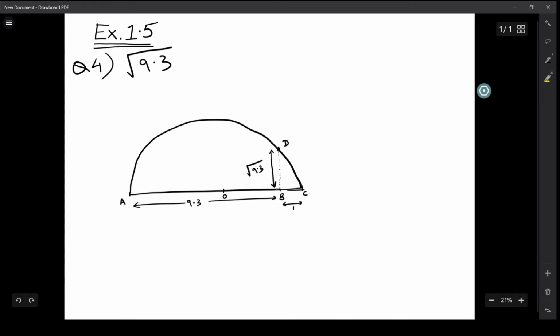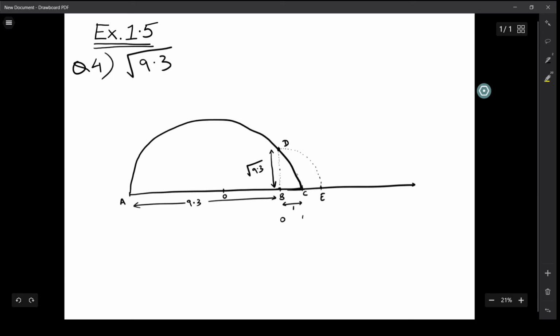And let's say if I were to extend this line segment further, now let me say that this is a number line. I'll imagine that the point B is 0, the point C is 1. I open my compass with center B, radius BD, which is under root 9.3, and I project the same thing on this line segment out here.